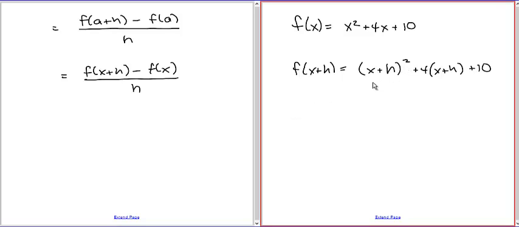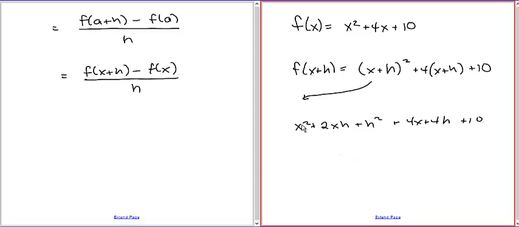So this term here is going to become x squared plus 2xh plus h squared. So that's this multiplied out. This, we just distribute the 4 to each term, so we get 4x plus 4h, and then we bring down the 10. And that's pretty much it.